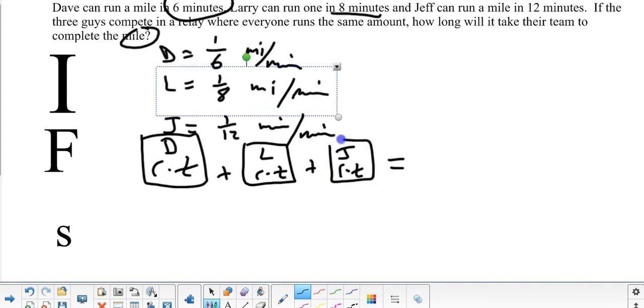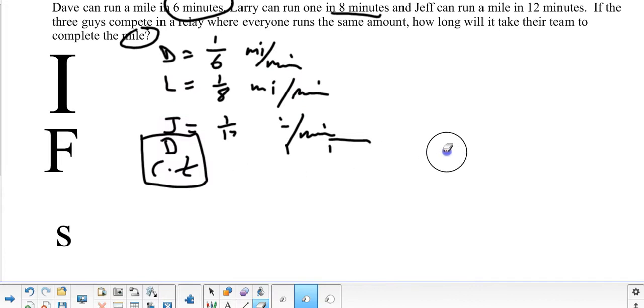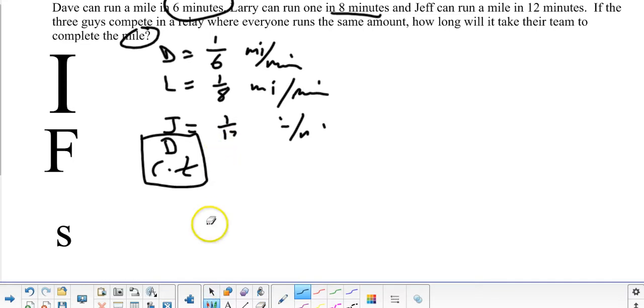If we add the 3 up, it's got to equal 1 mile. Or we could say that each of them has got to run a third, right? So let's change that up. Is that right? So each of them has got to run a third, and then we've got to add it up. So Dave's rate times time is going to equal 1/3.